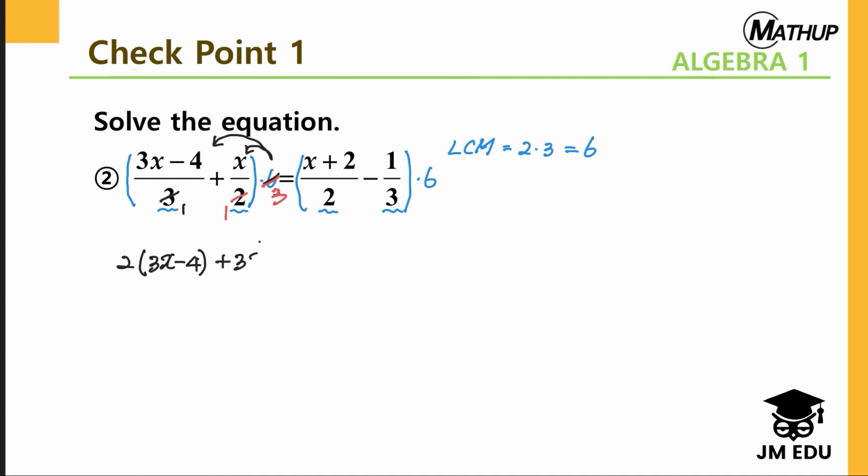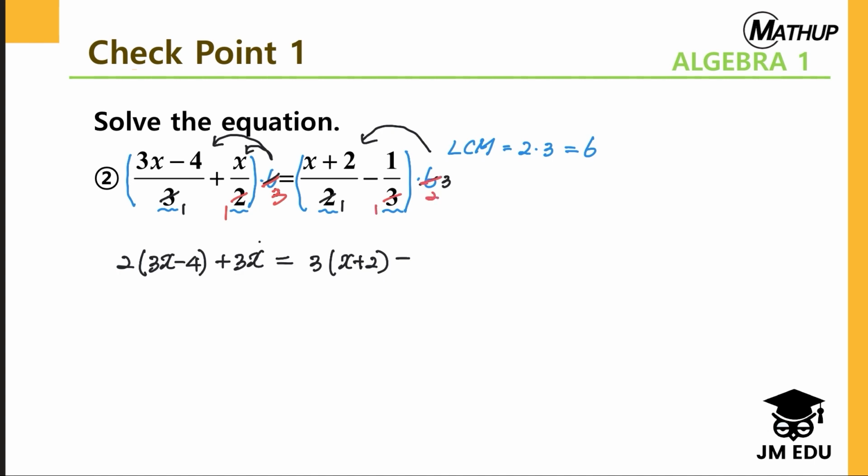So plus 3x is equal to, here, 6 times x plus over 2. 2 times 1 is 2, 2 times 3 is 6. So that's going to be 3 times x plus 2, minus 6 times 3. 3 times 1, 3 times 2.